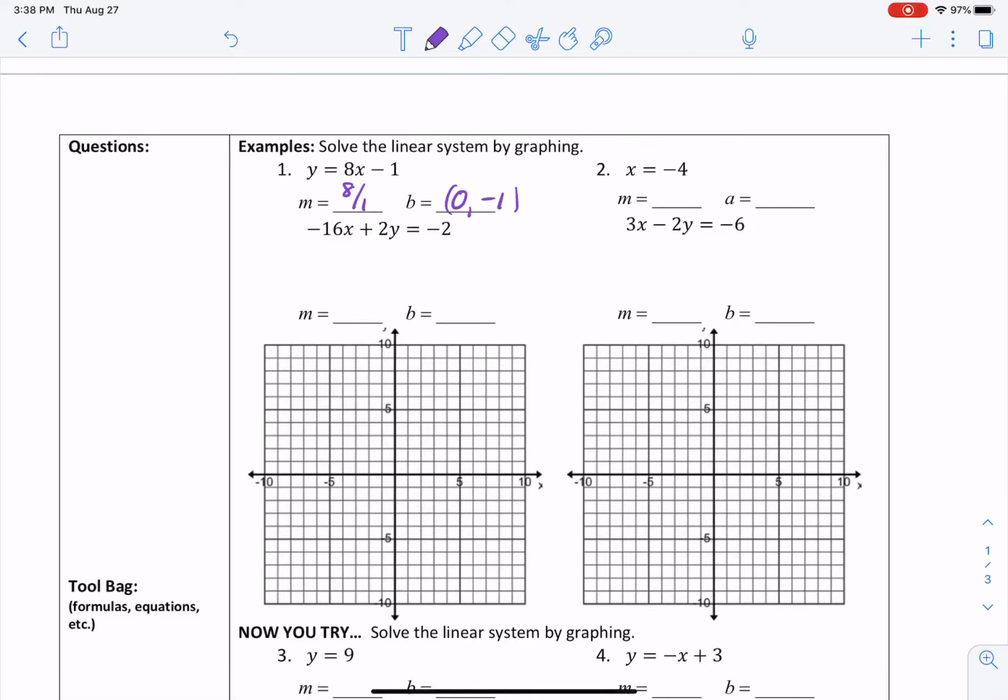So (0, -1), and we're going to go up 8, right 1, so right there. We get our line drawn here. So there's line 1.